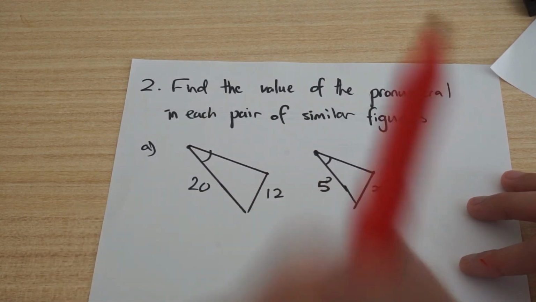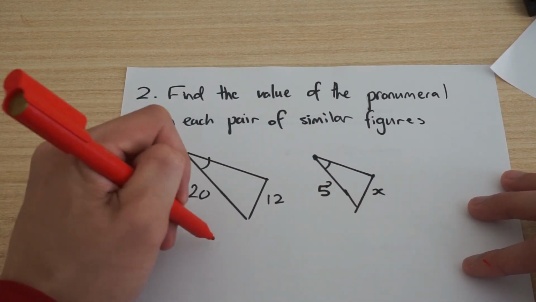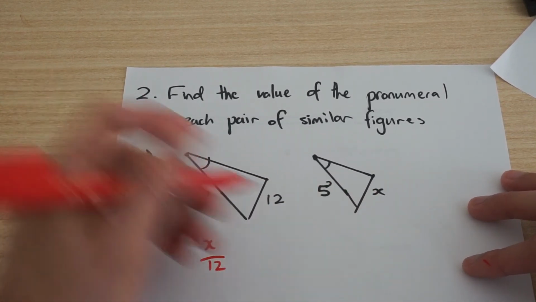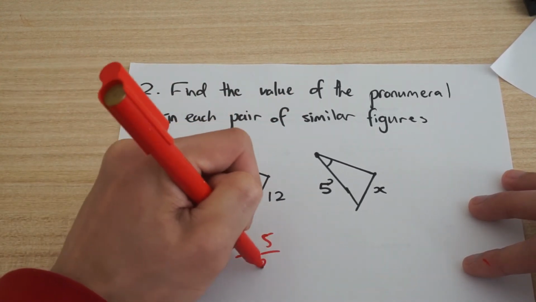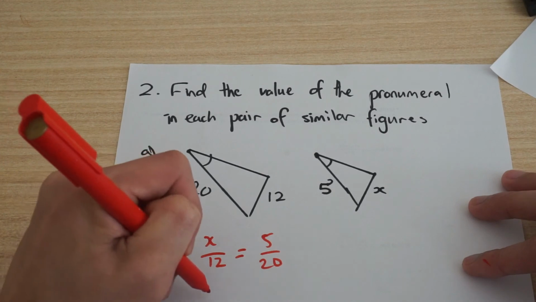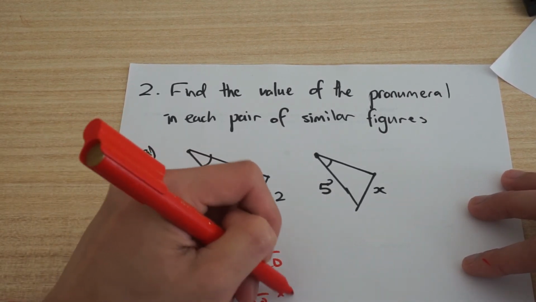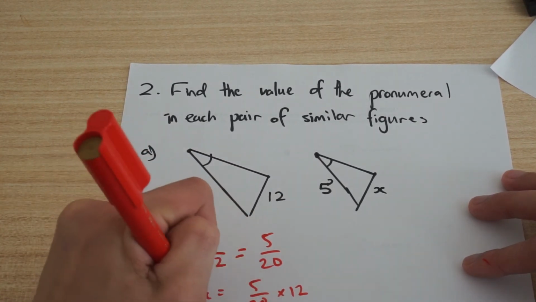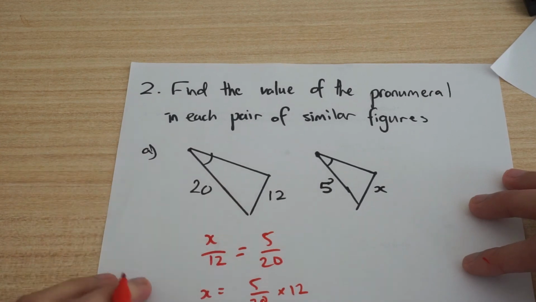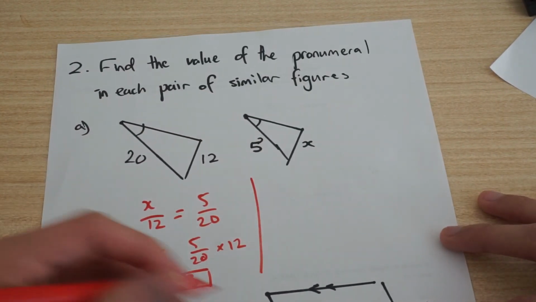So when you're trying to find x, x over 12, because those are the matching sides, would equal 5 over 20. Then you can just solve for this. x will equal 5 over 20 multiplied by 12, and that's just 1 over 4 times 12, which gives me 3.